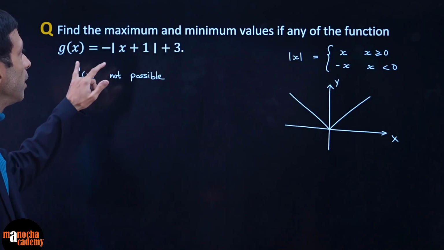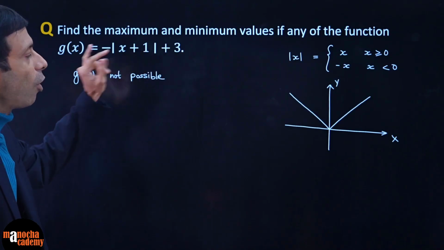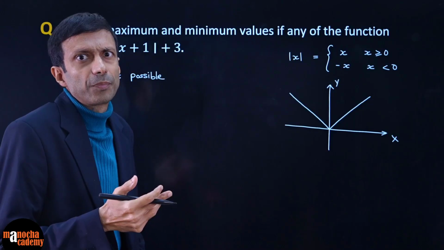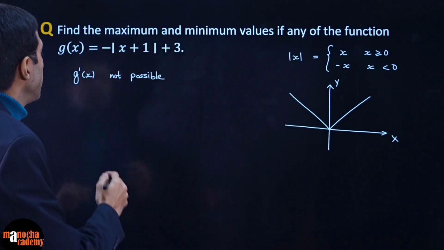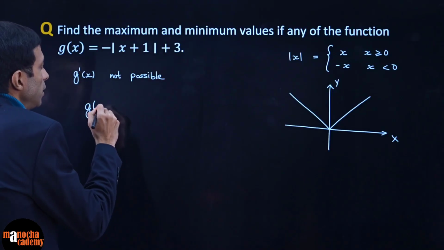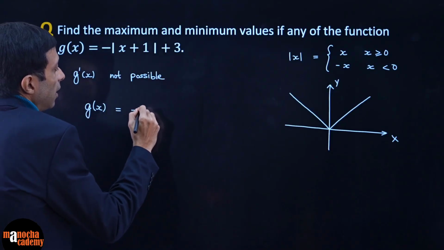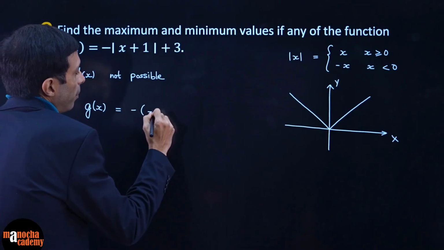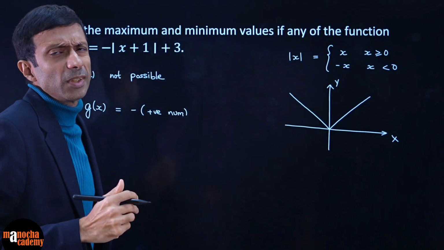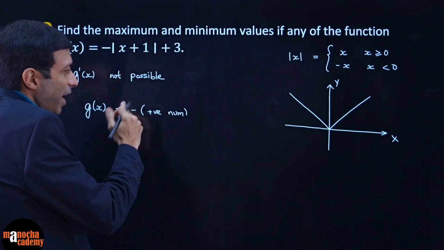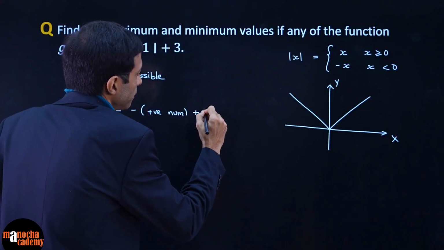So what you can do over here, you just look at the function. Mod means we know it will be positive only, right? Whatever values you put here, this is going to be positive only, and then you're taking a negative of this. So basically you're doing g(x), if you think logically, it is the negative of a positive number, because mod is always a very optimistic guy, always positive, right? So negative of a positive number plus 3.